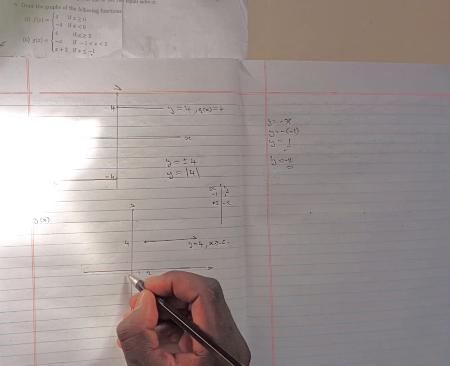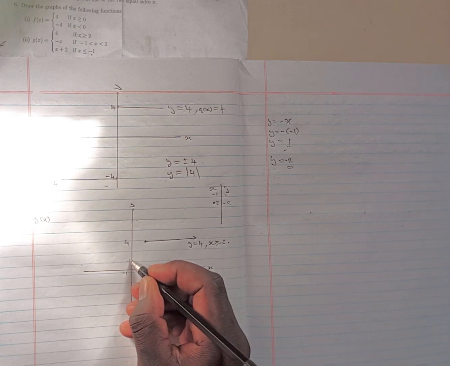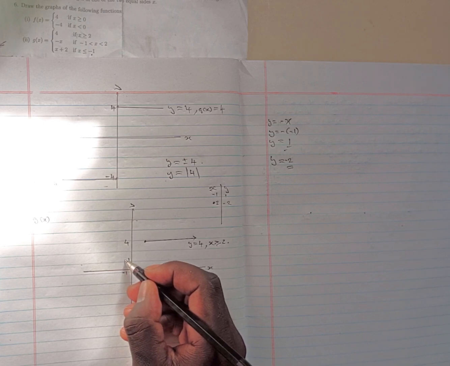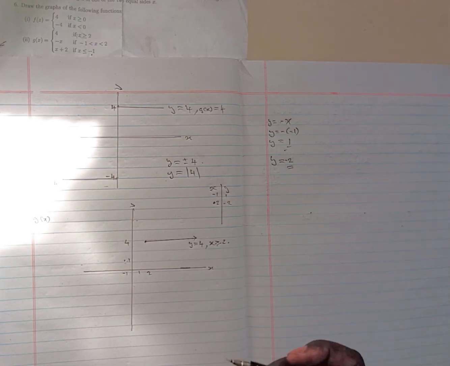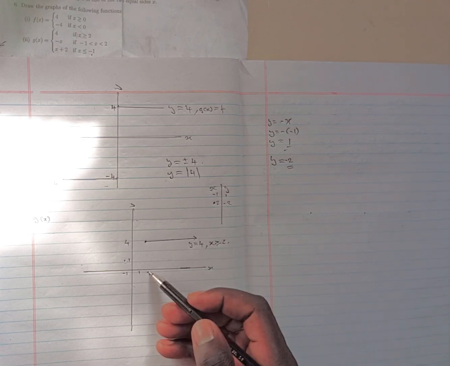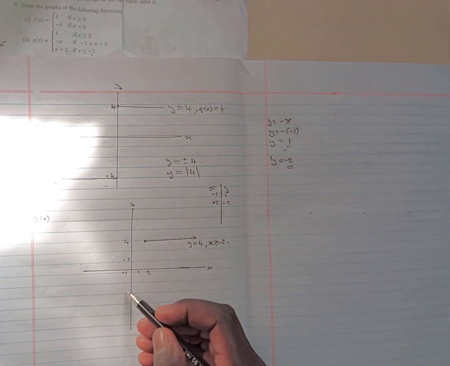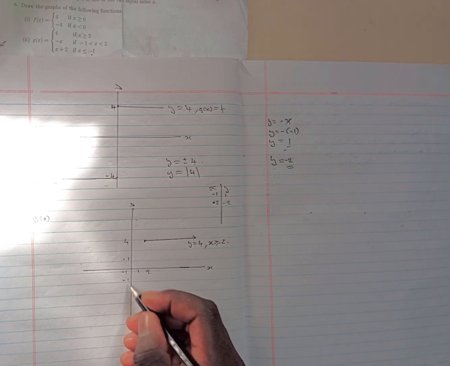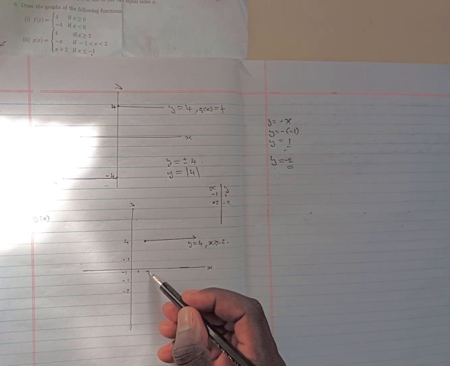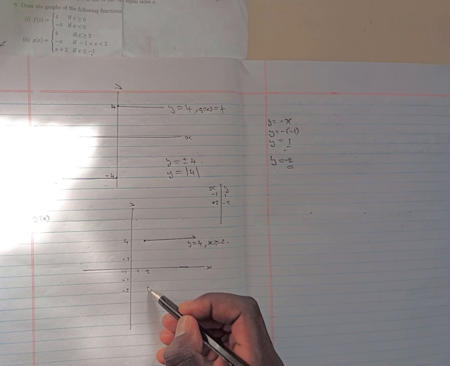So here is our negative 1, here is our positive 1. Then here is our value here. Then 2, which is here, is equal to negative 2. So negative 1, negative 2 will be somewhere here.